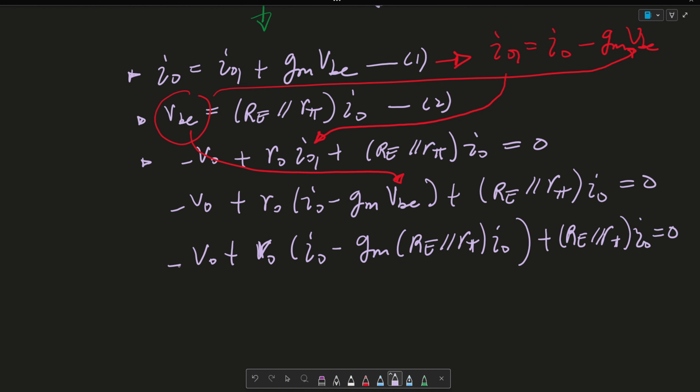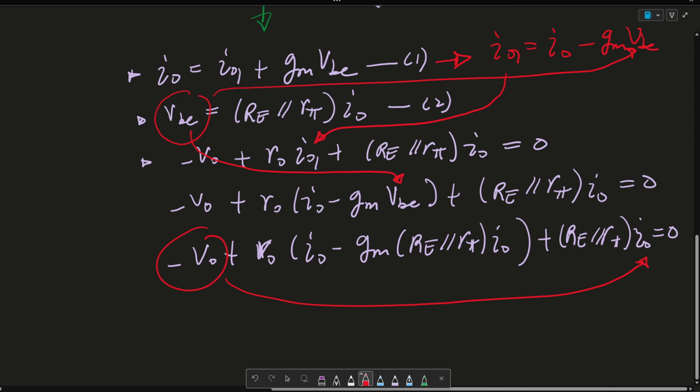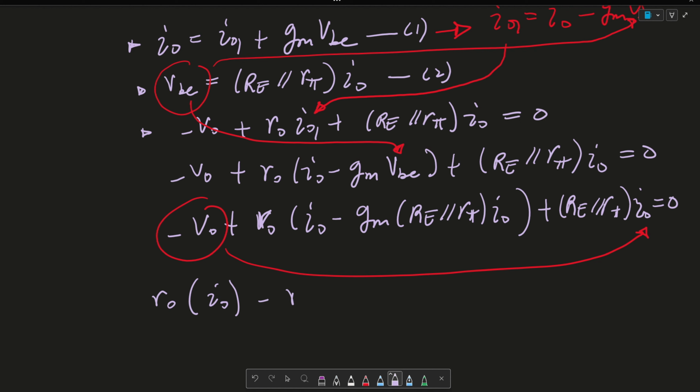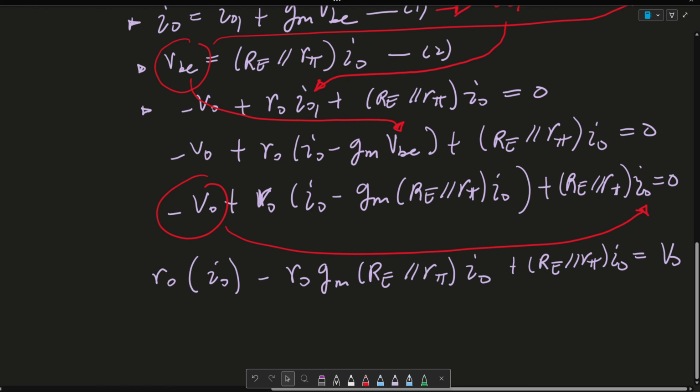I'm going to go ahead and move the V out to the right hand side. So then I get RO IO minus RO GM RE in parallel with R pi times IO plus RE in parallel with R pi times IO is equal to VO.